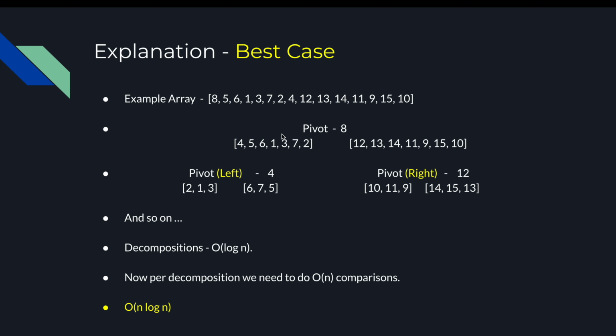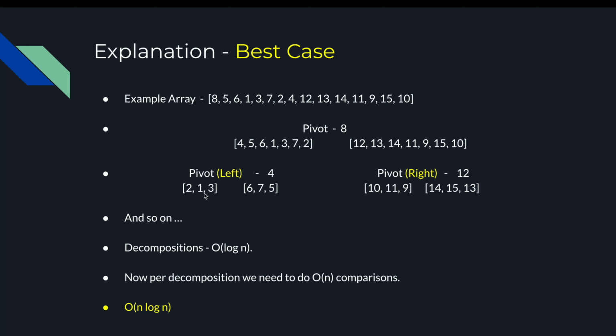In the best case scenario, let's assume this is our given data and we have to sort it using quicksort. So we will do the same process here, taking the first element as our pivot and then moving small elements to the left hand side and larger elements to the right hand side. And we have to do it recursively, so we will take 4 as our pivot in the left hand side and 12 as pivot in our right hand side.